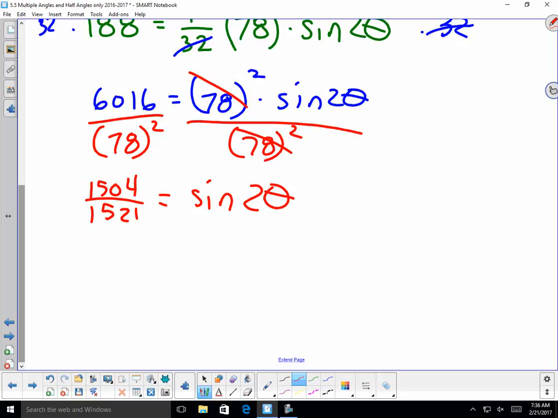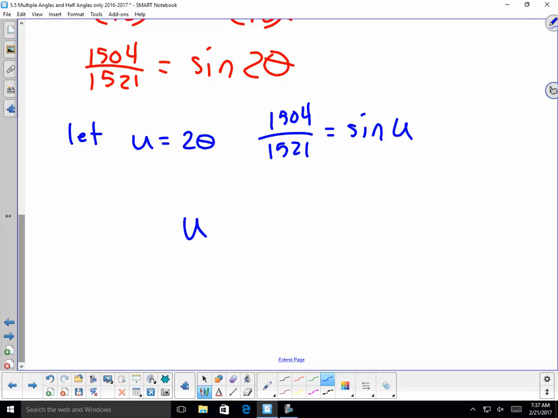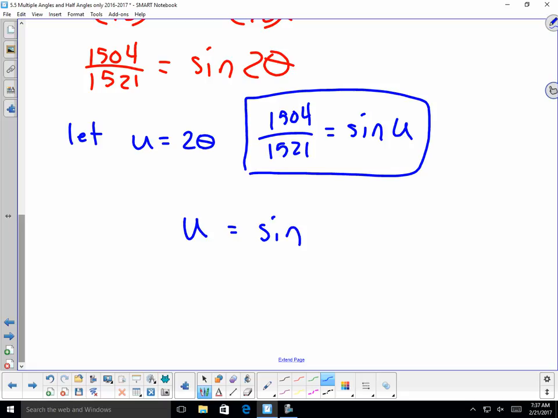And now let's use a little substitution here. Let's let u equal 2 theta. And so we get 1,504 over 1,521 equals the sine of u. And that means that u is equal to, this is our equation and we want to solve for u. You know from our work on section 4.7 that that means u is equal to the sine inverse of 1,504 over 1,521.